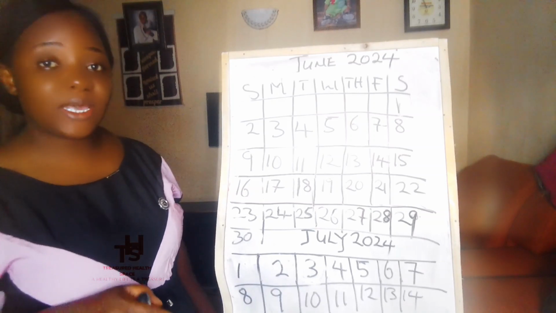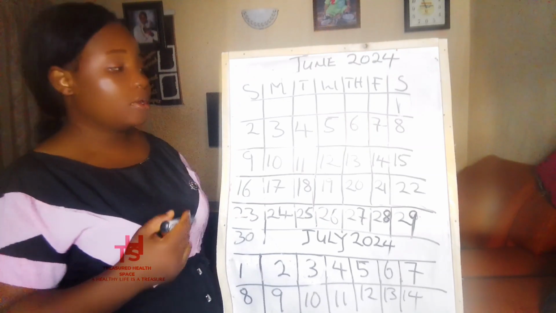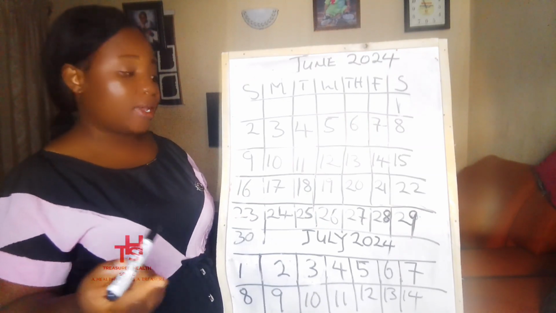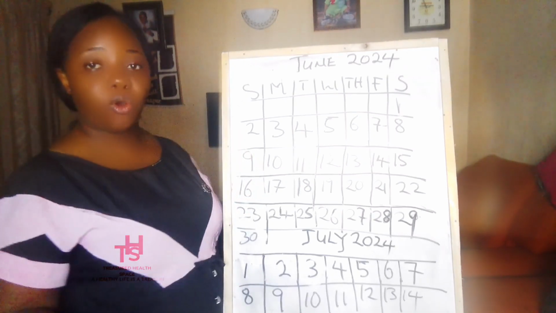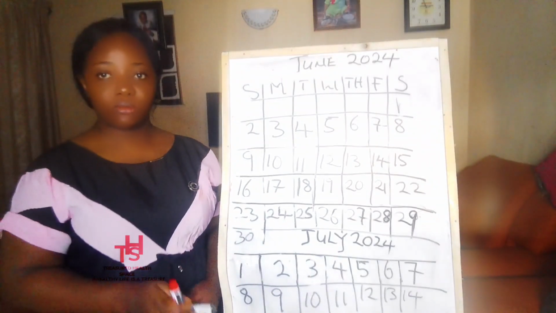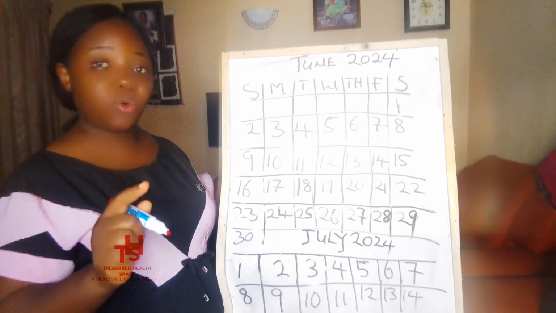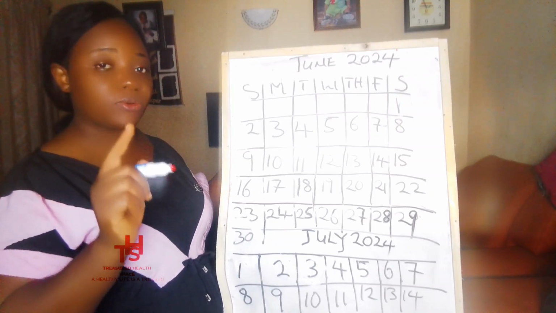So for a 28 days cycle, we go again. Let's say your period started on the 9th of June. You're going to note that day as day 1 of your cycle.